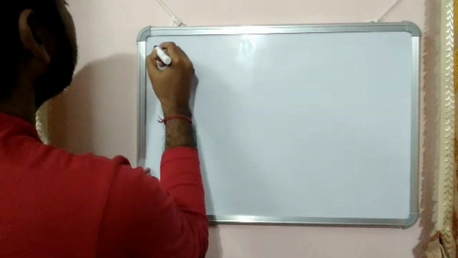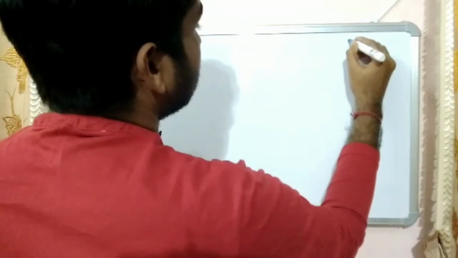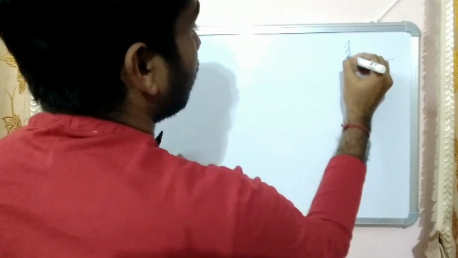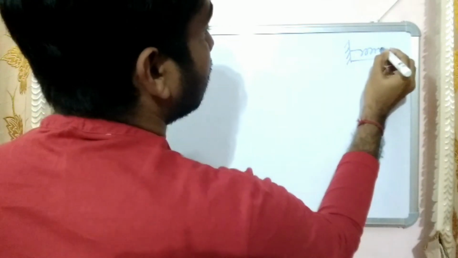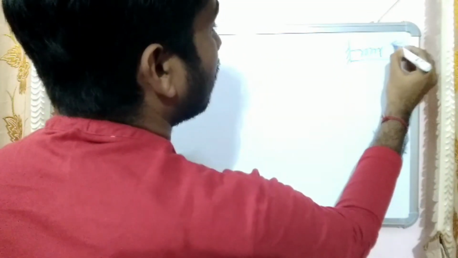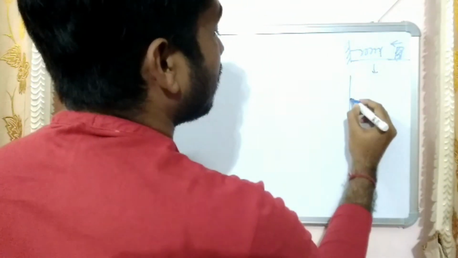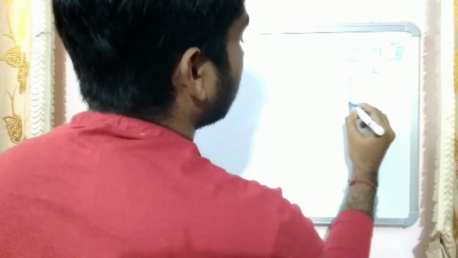In question number 2, if we draw the free body diagram, here was a spring and a mass was traveling towards the spring, and after this it compresses the spring like this.